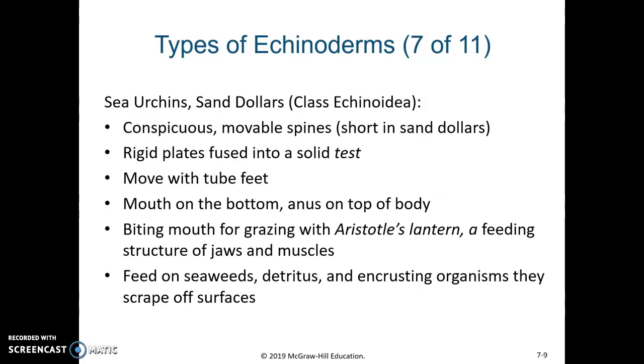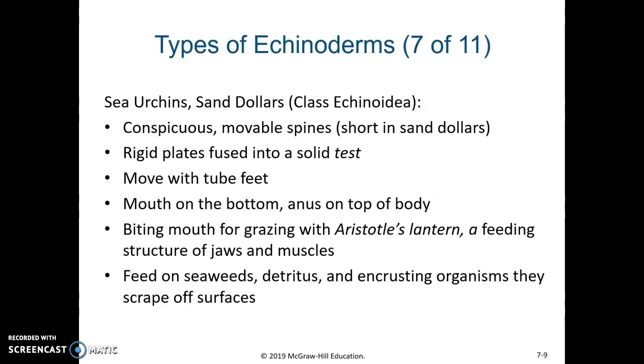They move with tube feet, so tube feet are still present here. Their mouth is on the bottom, just as what we've been seeing so far. So it's still down on that oral surface, and their anus is up on top so that they can get rid of the waste material.